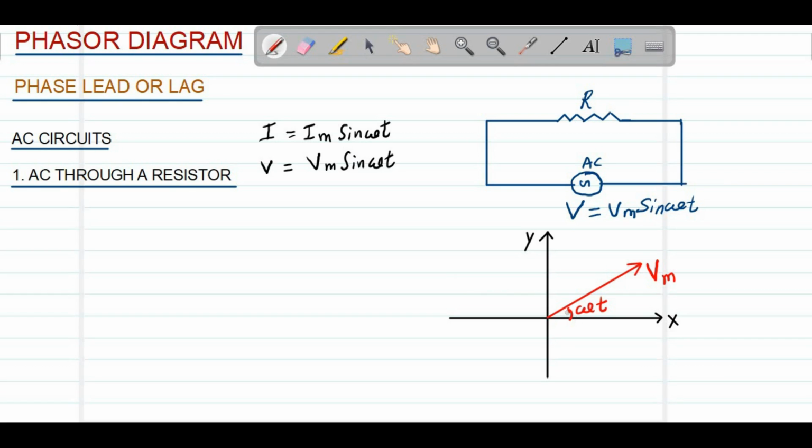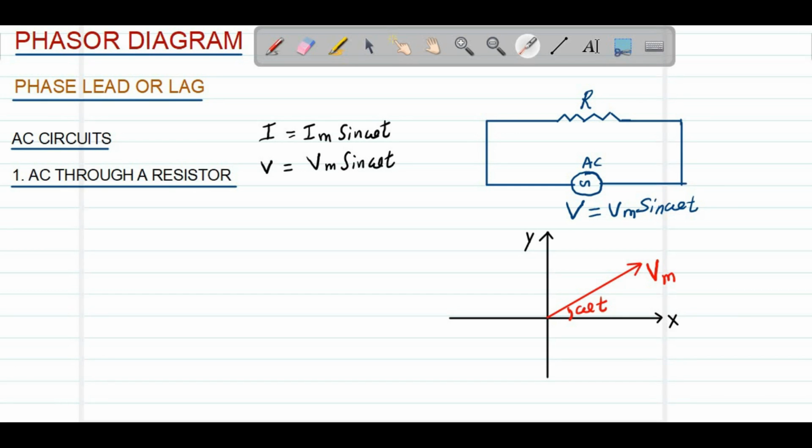That represents the angle of rotation of the armature coil at an instant of time. So this represents the phasor of voltage Vm. If I take the projection of this Vm on the y-axis, that will be this much, the instantaneous value of voltage, given by V equals Vm into sin omega t. Okay, so our equation for voltage is V equals Vm into sin omega t.